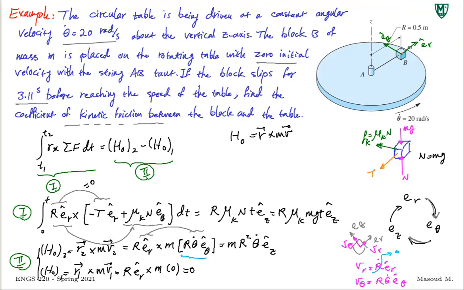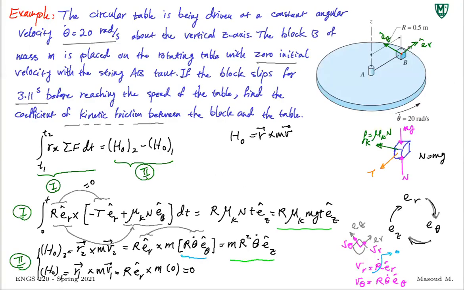So now we have the left side, and this comes out of the left side, this comes out of the right side. Just make them equal. The left side was mu K m g R T, is equal to, both of them are in Z direction, so I'll just ignore the Z unit vector, or you can just put it here for the sake of completeness if it makes you feel better.